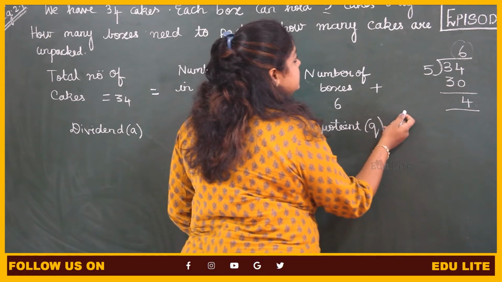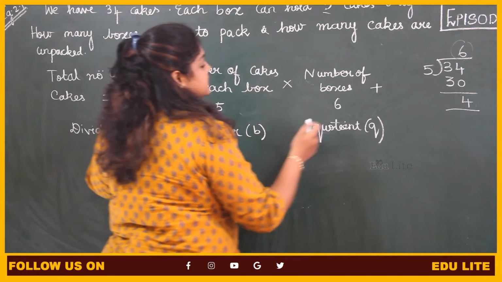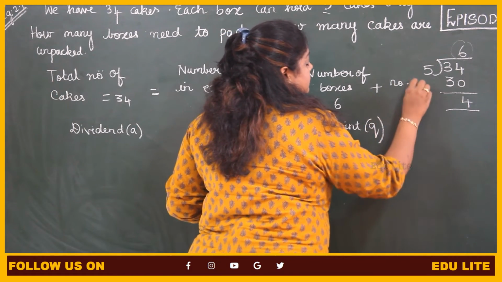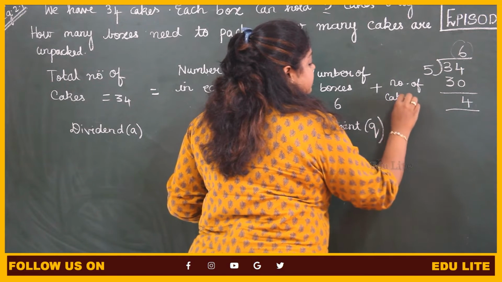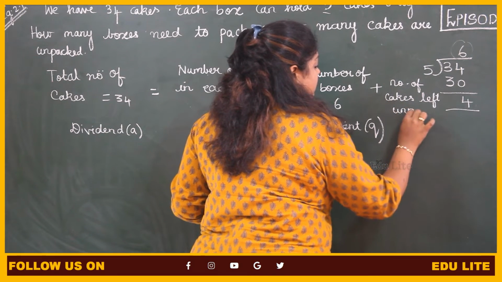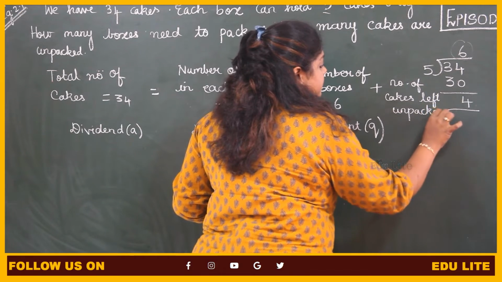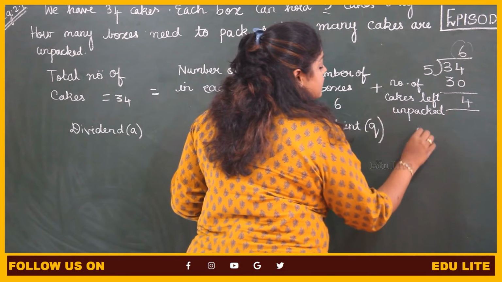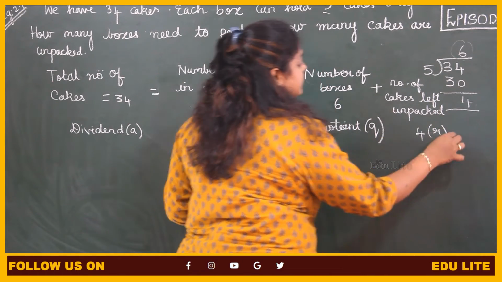Remainder 4 means the number of cakes left unpacked, which we got according to the division, and which we represent as the remainder.